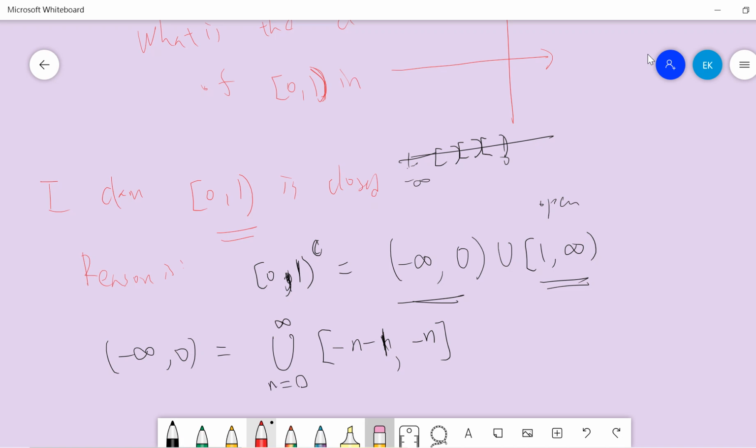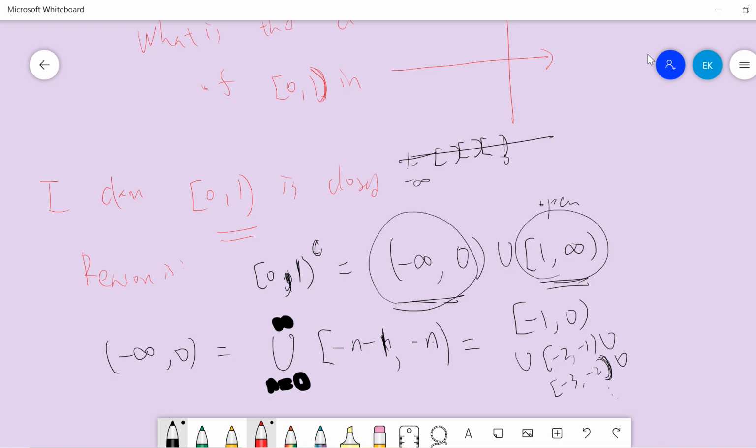So this is open. The other is also open, because I can cover it by (-1, 0), union (-2, -1), union (-3, -2), and so on. So the complement is open, which means [0, 1) is closed.